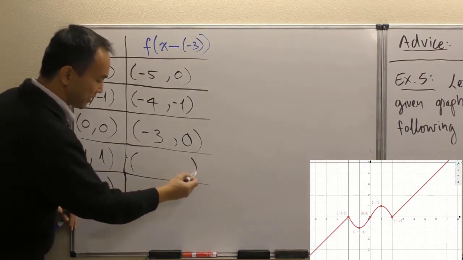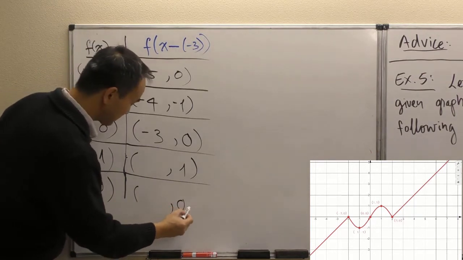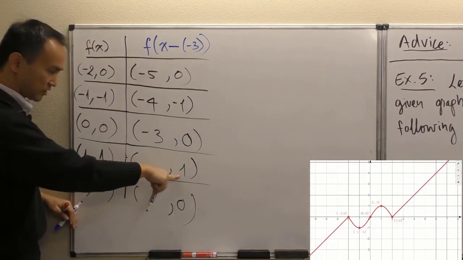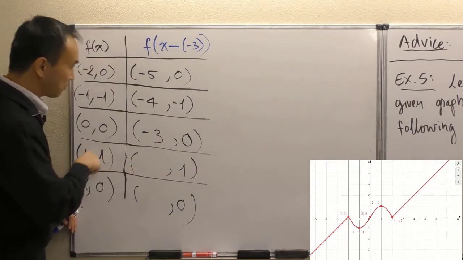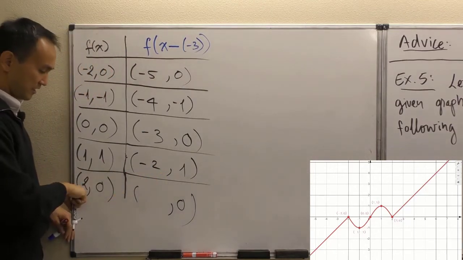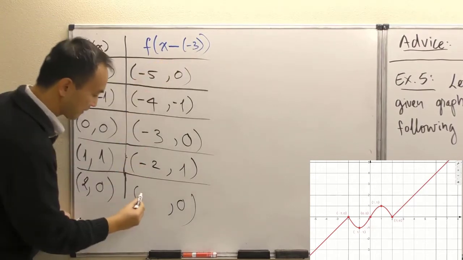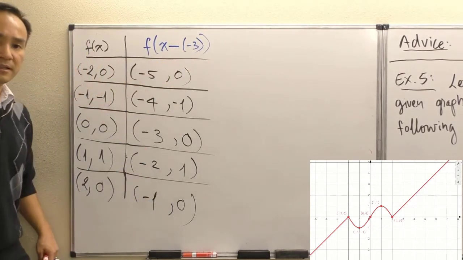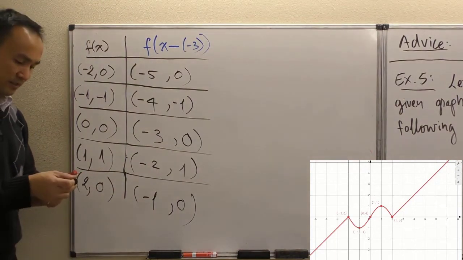Then on the next point, 1 stays the same because it's the y value, and 1 plus negative 3 is negative 2. Now 2 on the last pair among the guiding points, 2 plus negative 3, that's negative 1. All right, so now we have an updated set of guiding points.